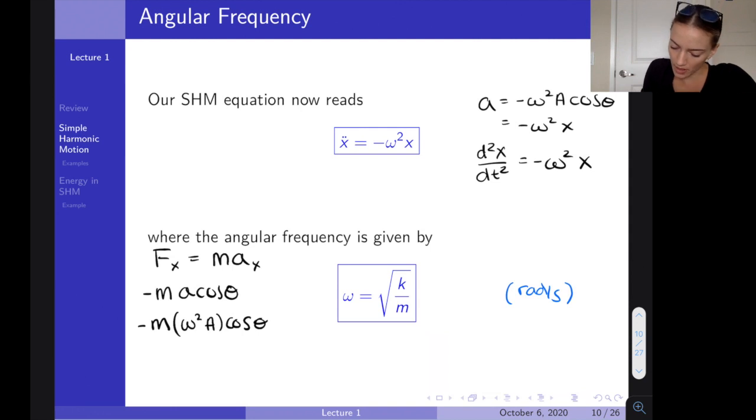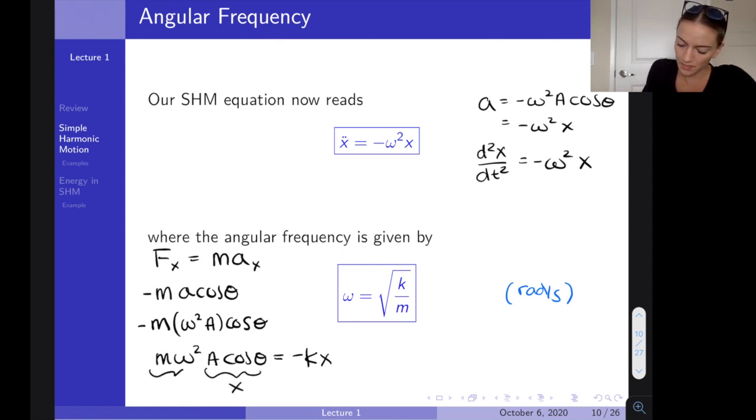Then we have m omega squared a cosine, and now this looks exactly like something of the form negative kx, right? Because this was our x component here, our displacement, and this would play the role of k. So the force constant is basically that constant in front of the displacement when you have simple harmonic motion.